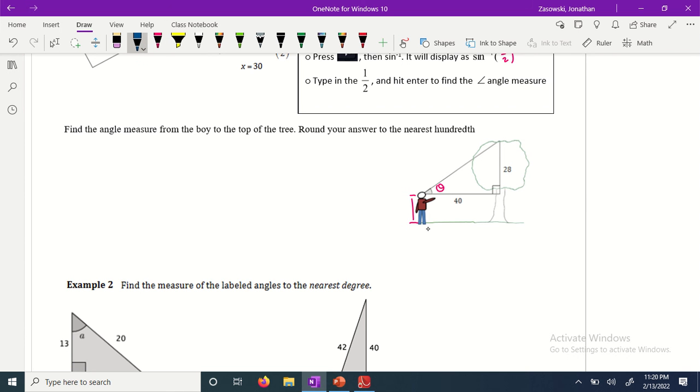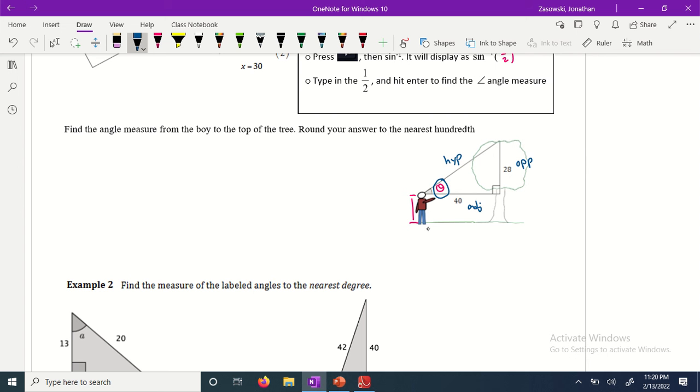First step is to find our reference angle. That's the angle where his eyesight is, with theta right here. The two sides we're going to label once again are opposite, adjacent, hypotenuse. The opposite side is the tree. The adjacent is the distance between the boy and the tree, and the hypotenuse is the distance between the top of the tree and the boy.